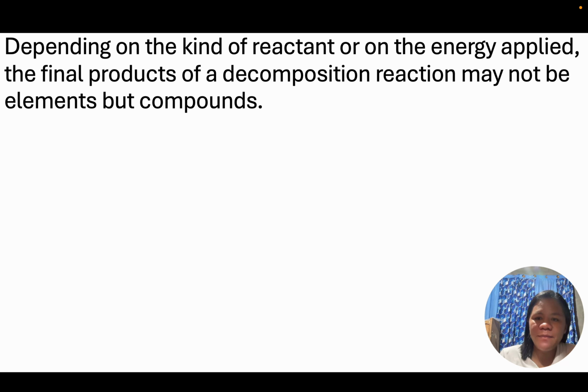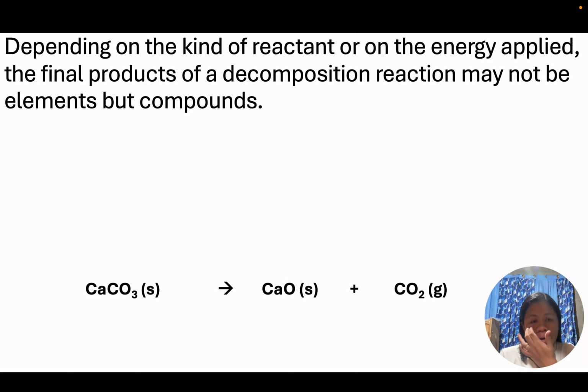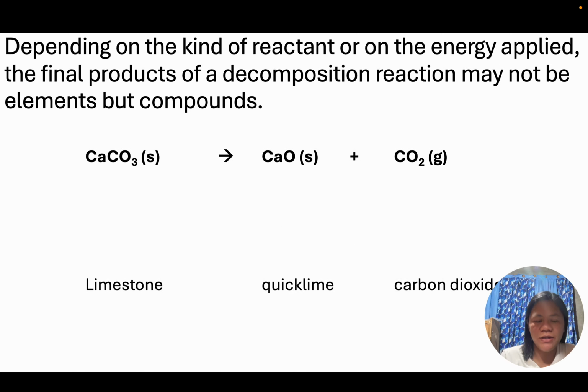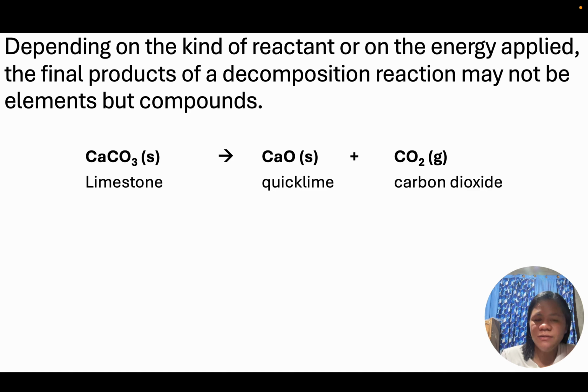So, same with the recombination reaction, there is a big possibility that the products are compounds. So we have here our limestone. It will result in quicklime and carbon dioxide.